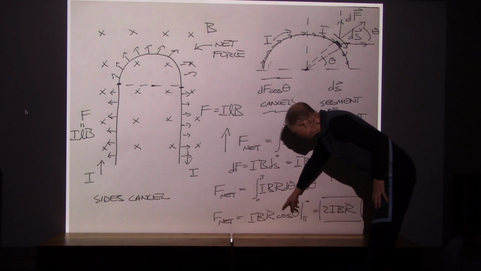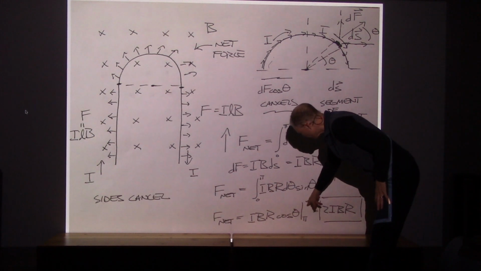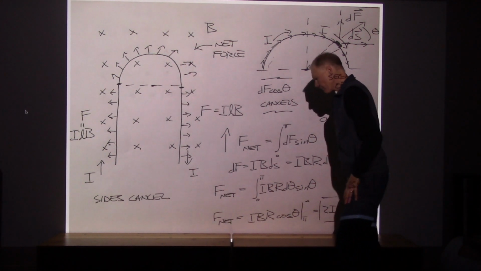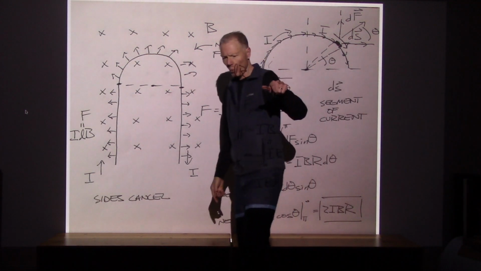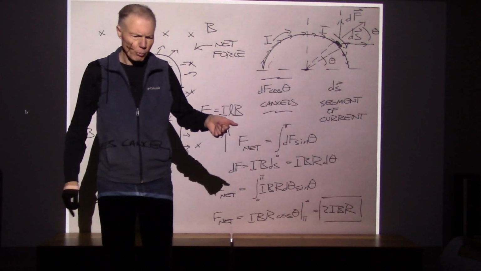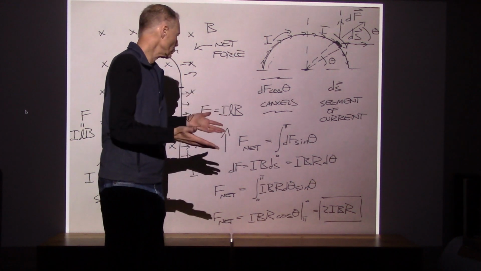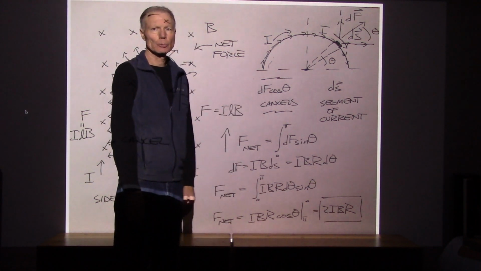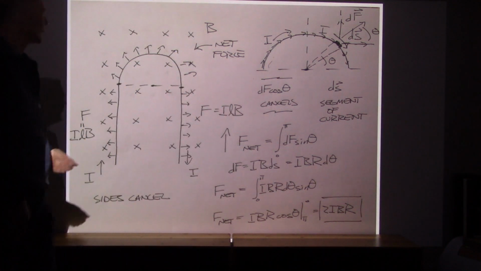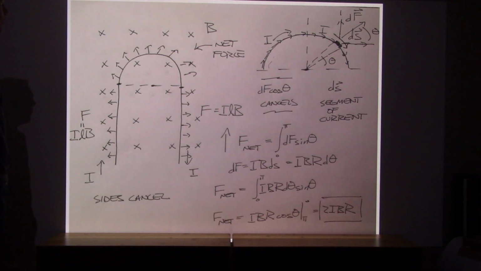So I'm evaluating the cosine from pi to 0. And what that means is cosine of 0 is 1, cosine of pi is a negative 1, and 1 minus a negative 1 is 2. So I picked up a factor of 2. So that should be telling us how much force we would get coming into this particular example.